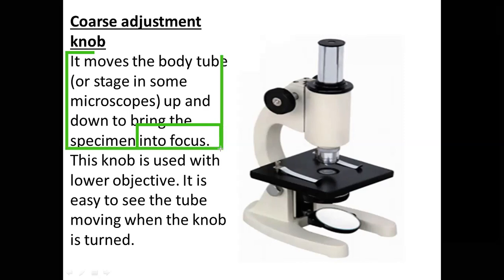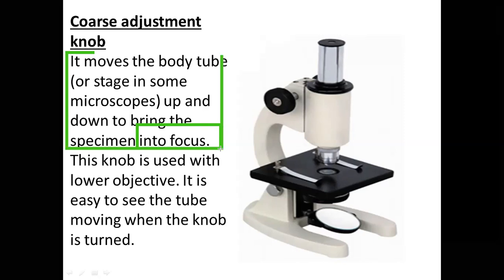Now, once you focus with the coarse adjustment knob and you start seeing something that is real or that is making sense, that's when you resort to the fine adjustment knob. So if you start with the fine, you will not go anywhere. You always start with the coarse adjustment knob. Once you see there is a rough idea of what you want to see, then you resort to the fine adjustment knob.